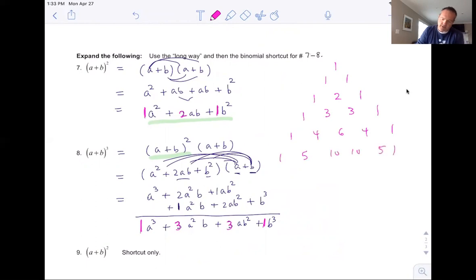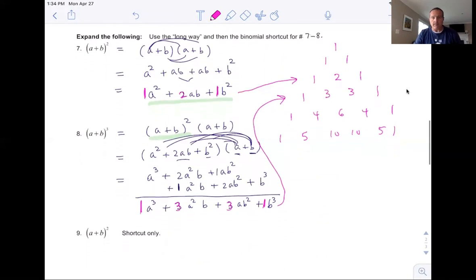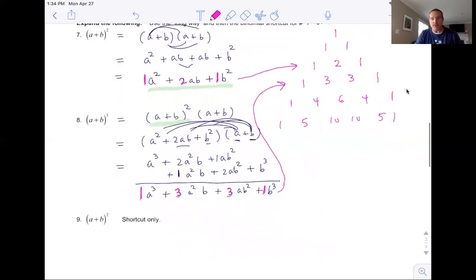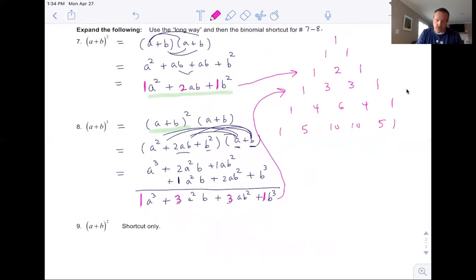I think that's enough for now. You can see that this 1, 2, 1 comes right there, and this 1, 3, 3, 1 comes right there, right? So those are called binomial coefficients because they come up when you take binomials and you raise them to powers. So now that you see the pattern, we don't have to do this the long way.